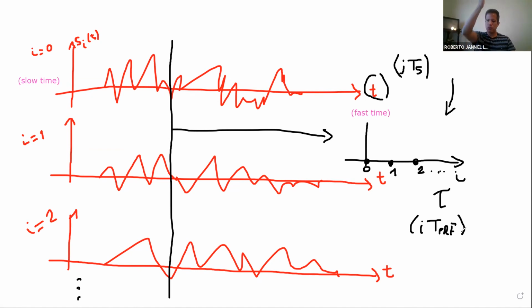But if I look at the slow time domain, at traces across tau, then if nothing is moving, I see a constant. If something is moving, my signal changes. So I can clearly see the motion when I look across tau, and I don't see anything when I look across t. That's why we're analyzing things across tau.